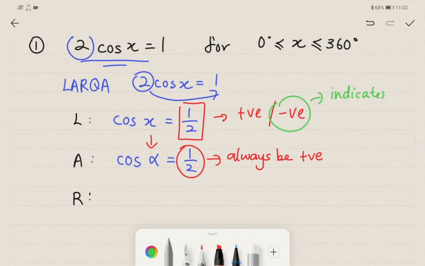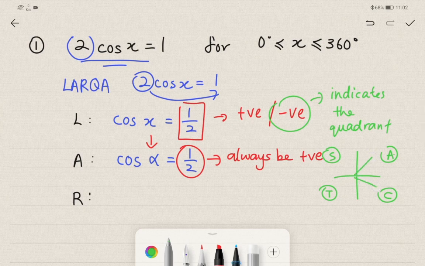So for example, just now when we discussed, all sine teacher crazy, correct? Now we have cos. If the value of the constant is positive, it will stay at the first quadrant and the fourth quadrant. If it is negative, then it will stay at the second quadrant and also the third quadrant. So that is what the negative value means.